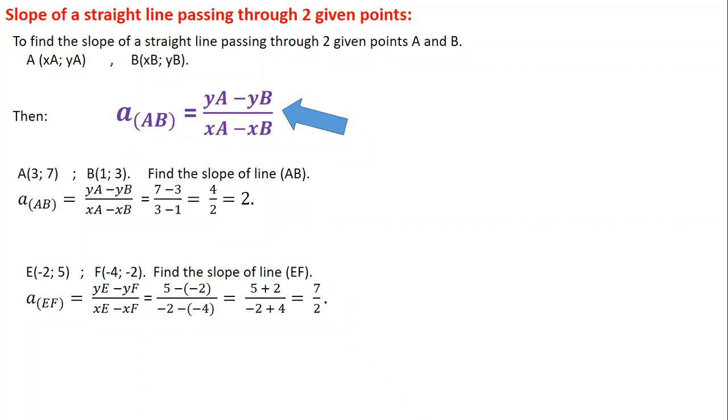Yes, miss. You have the first example, Fadil. You have 2 points, A (3, 7) and B (1, 3). You should find the slope of line AB. So directly we write the rule up. Fadil, please again read the rule that I have written. Slope of line AB equals?